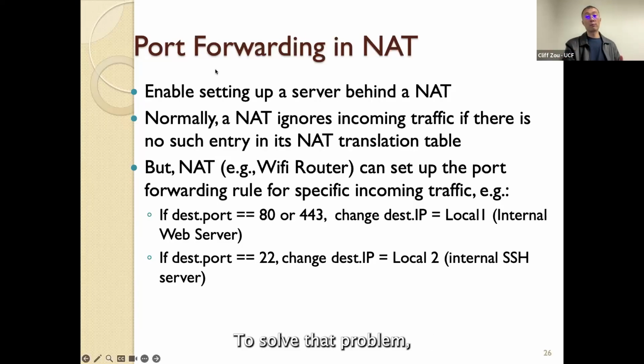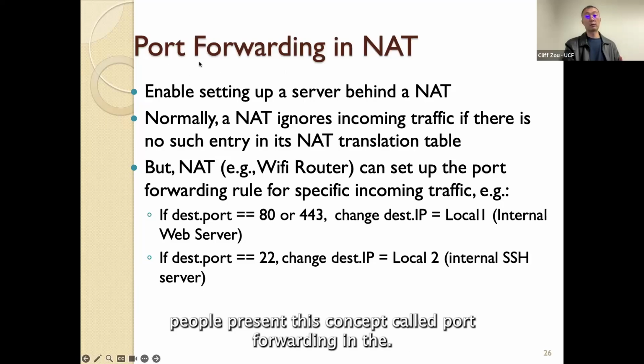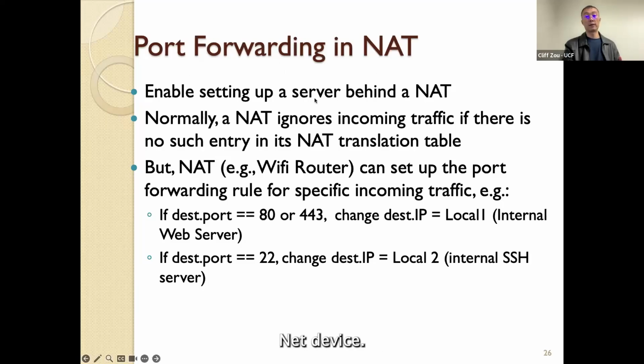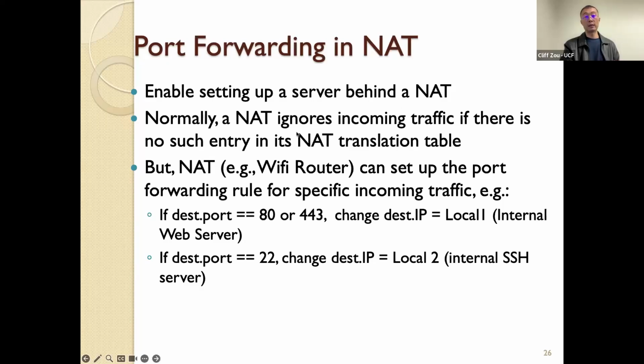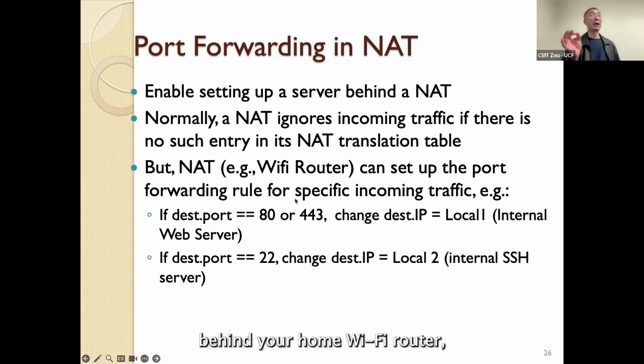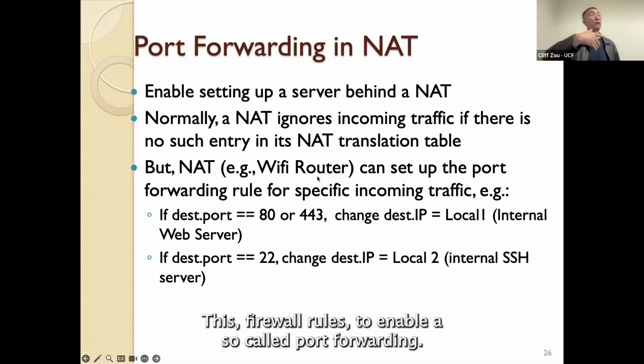To solve that problem, people came up with this concept called port forwarding in the NAT device. This will enable you to set up a server behind the NAT. For example, if you want to set up a web server behind your home Wi-Fi router, you can configure your Wi-Fi router's firewall rules to enable so-called port forwarding.